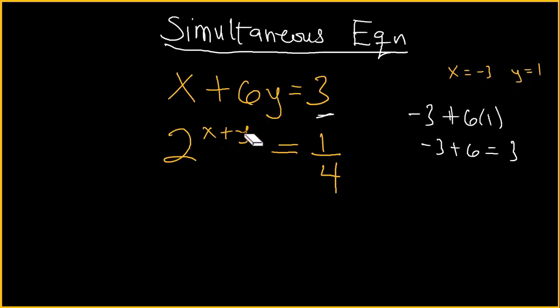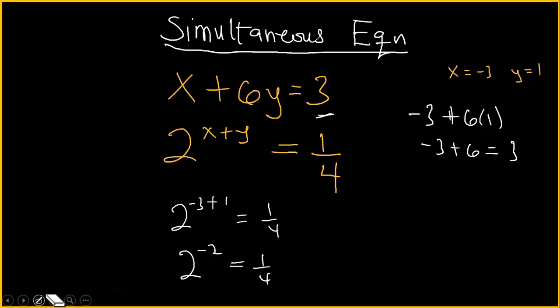Similar to this, we have 2 raised to the power x plus y, where x was given as negative 3, y was also given as 1, is equal to 1 on 4. 2 raised to the power negative 3 plus 1 gives us negative 2, and this is equal to 1 on 4. So this is also telling us that our values of x and y are correct.